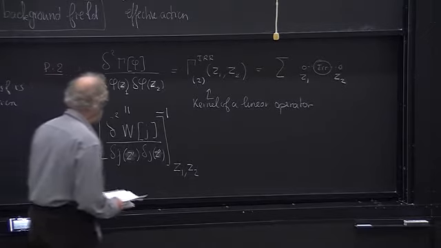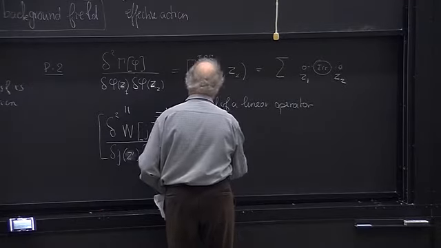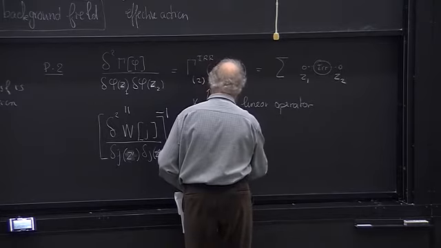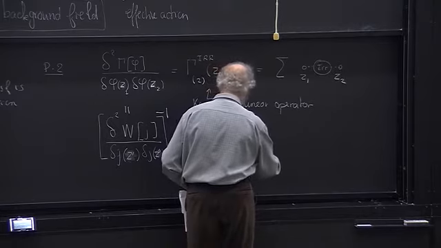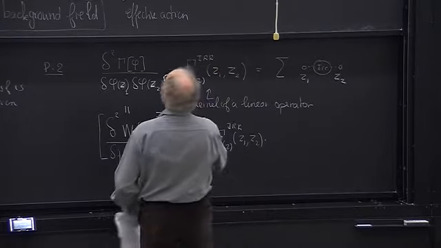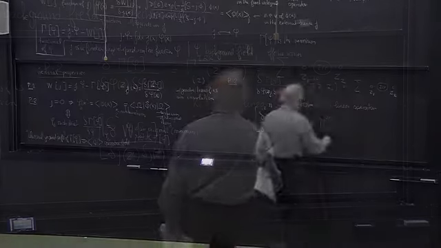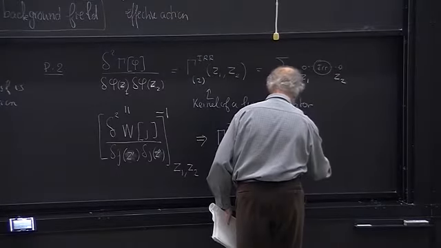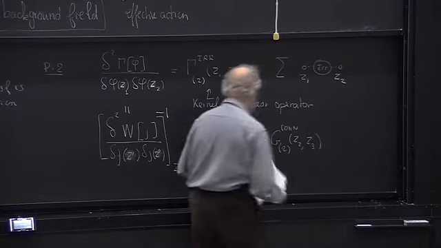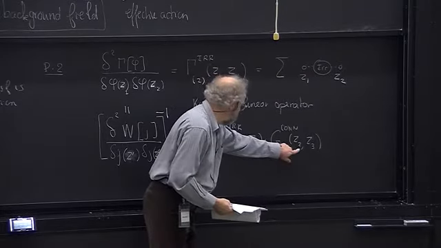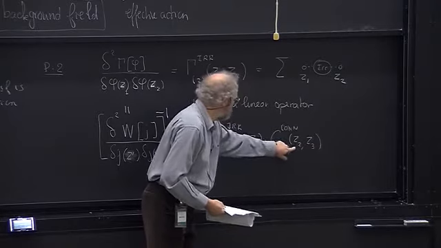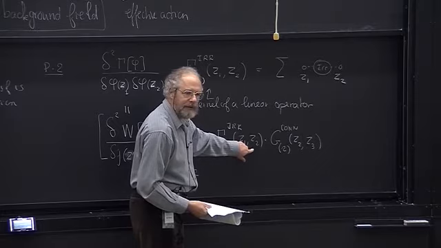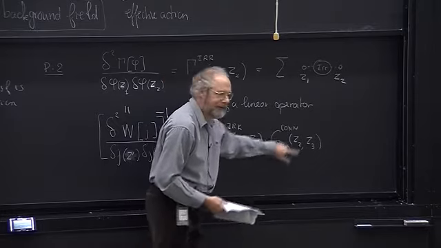In other words, gamma irreducible 2 of Z1, Z2 times the two-point function, denoted G2 connected of Z2, Z3, is a product of matrix elements, so we sum over the intermediate elements.